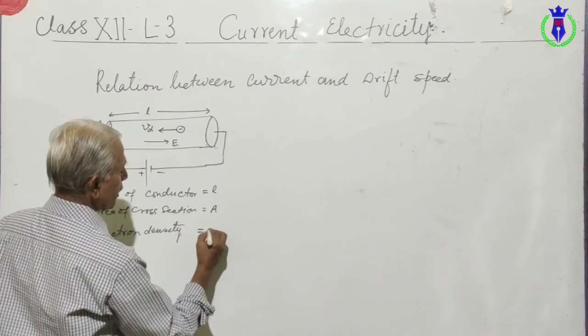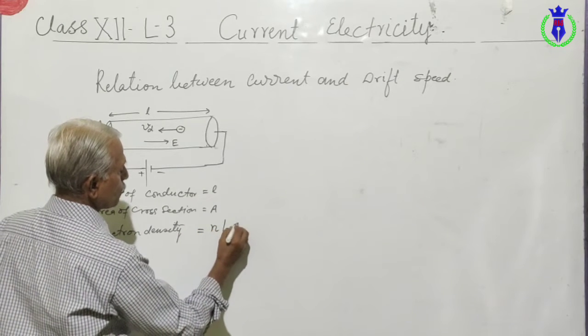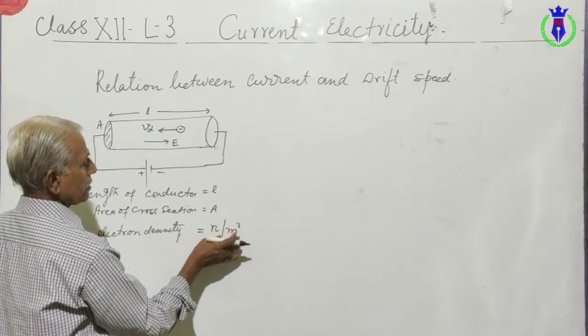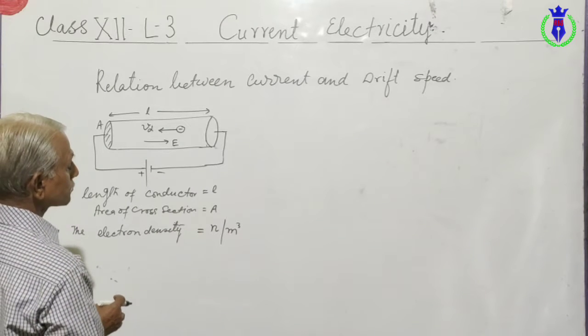Number of electrons per unit volume is N, per unit volume meaning meter cube, that is, the number of electrons per unit volume is the electron density.